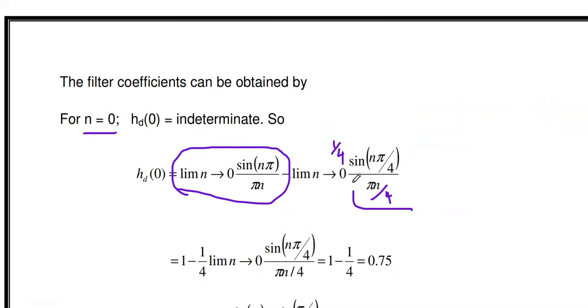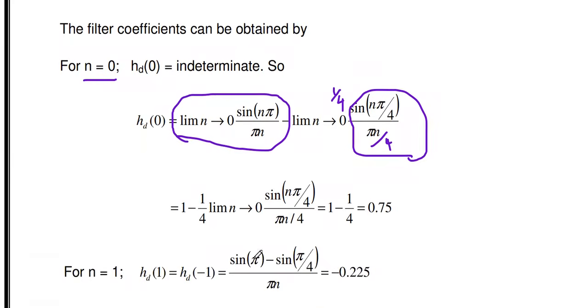Except for this, sine theta divided by theta equals 1. So what is the answer for the second term? 1 by 4. So 1 minus 1 by 4, the answer is 0.75. So hd of 0 is 0.75. Already we discussed the same problem in the Fourier series method in a detailed manner.